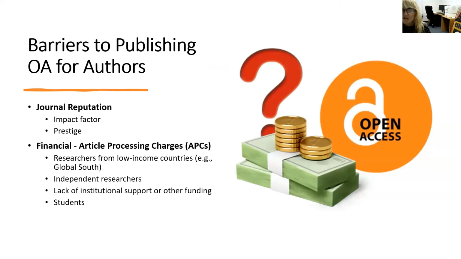But what we're looking at are these barriers. Are there barriers to publishing open access for authors? Why don't all authors publish open access? One barrier is the perception of journal reputation. Other studies have shown that there's some hesitancy among authors to publish in open access journals if they don't know that it's as prestigious as these traditional journals, or maybe it has not yet acquired a high impact factor.